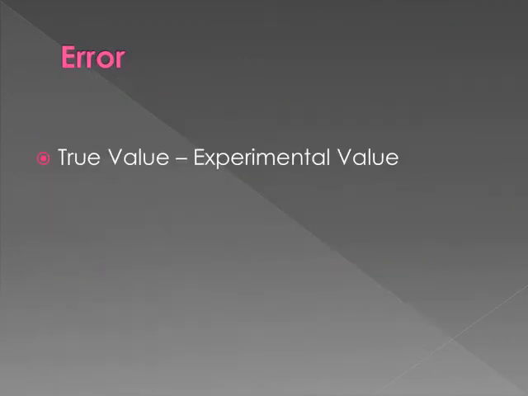And last thing we need to go over is error. We will have lots of error in this class. Most of the time it's not due to precision. It's going to be due to something creating inaccuracy in our measurements. So there could be human error, but we're going to avoid that as much as possible because you are going to be very, very careful with your measurements.